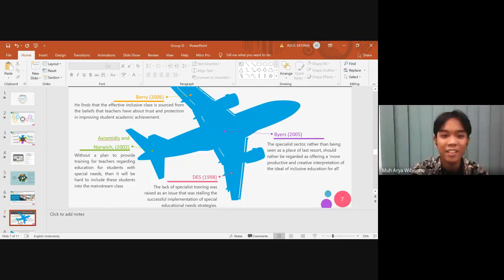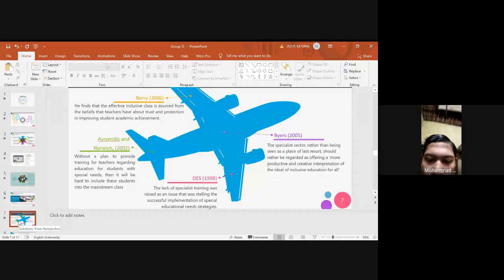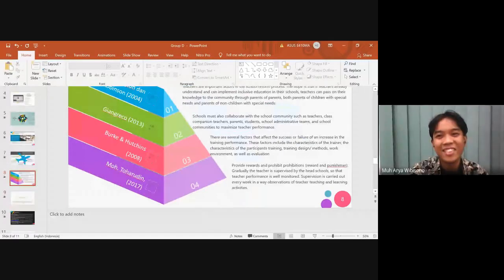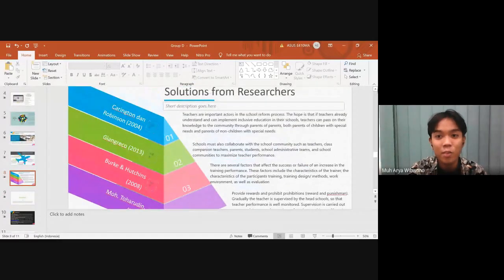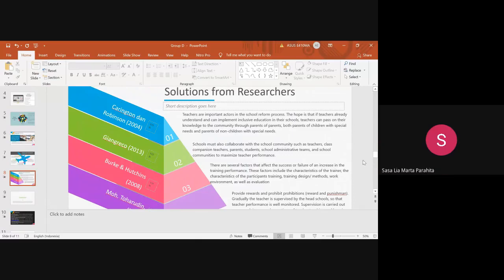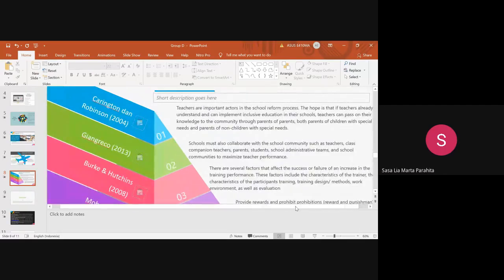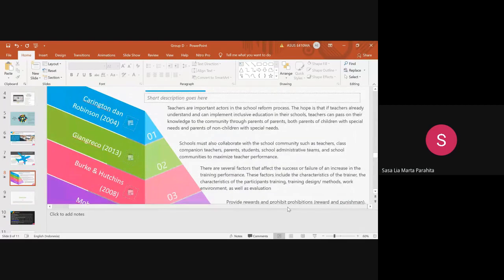Okay, thank you, Kiki. Rizky, I mean. Yes, you're welcome. So the next one is still the solutions from the researchers, and Sasa, time is yours. Thank you, Arya. So here are four. The first is from Carrington and Robinson, 2004.